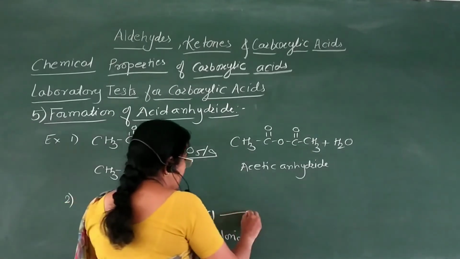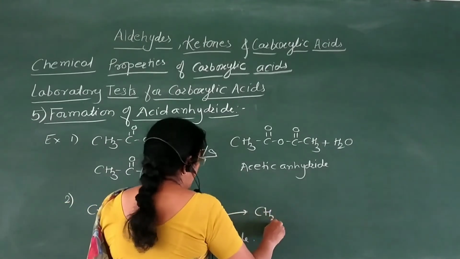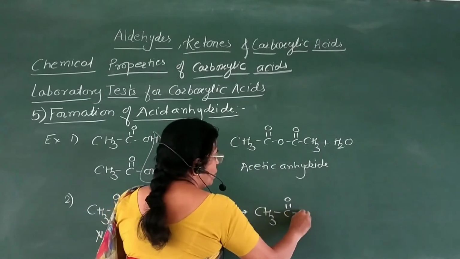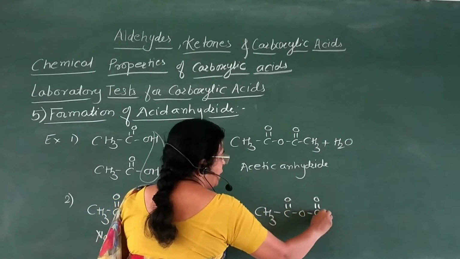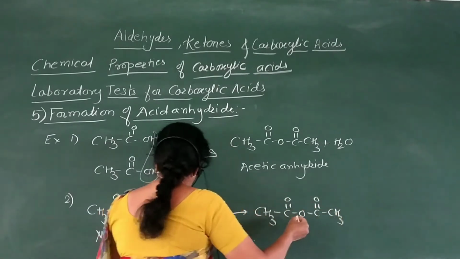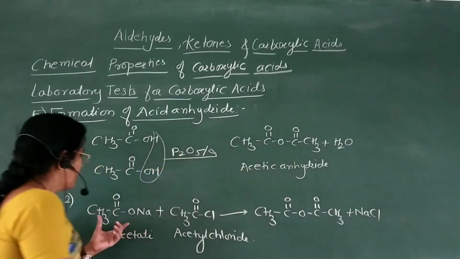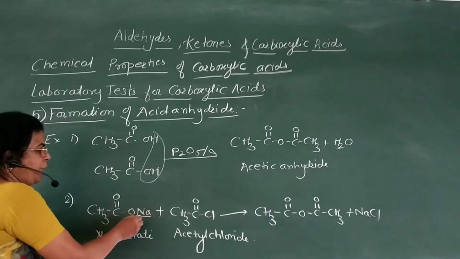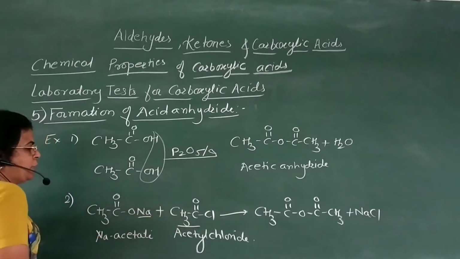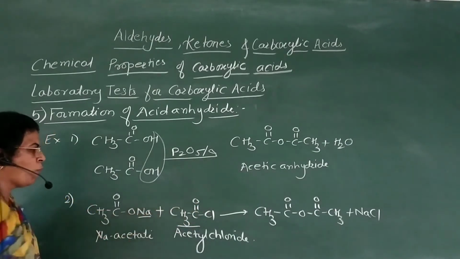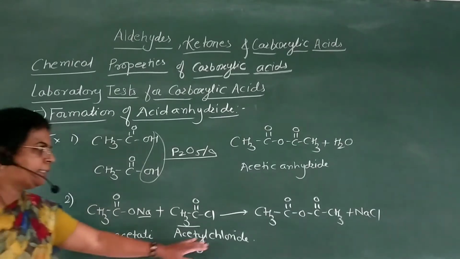Then you will get here CH3COOCOCH3 plus NaCl. That is, this sodium is substituted by this COCH3 group and NaCl is formed. This is acetic anhydride.